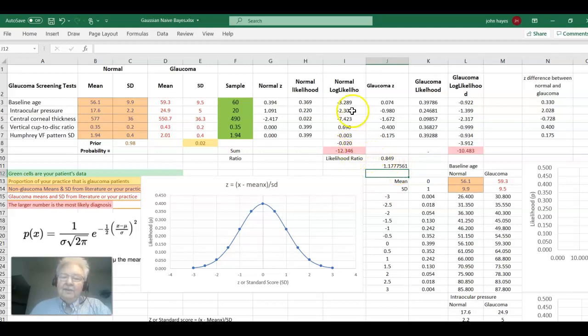So bottom line here is this number for normal is a smaller number than this. So you're closer to the probability of having glaucoma if your patient has these values.